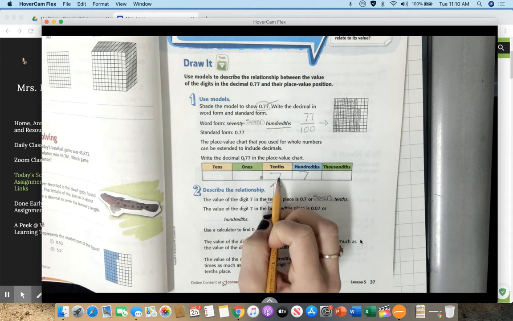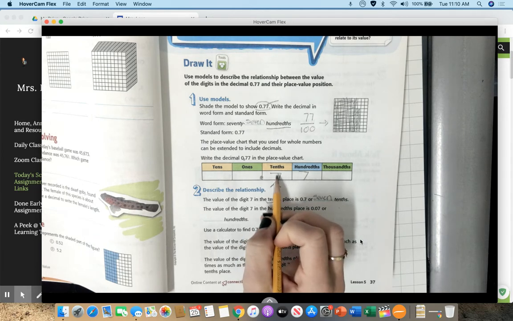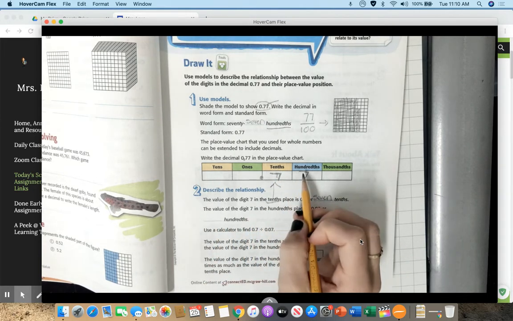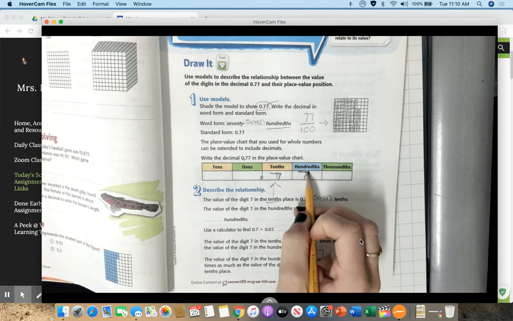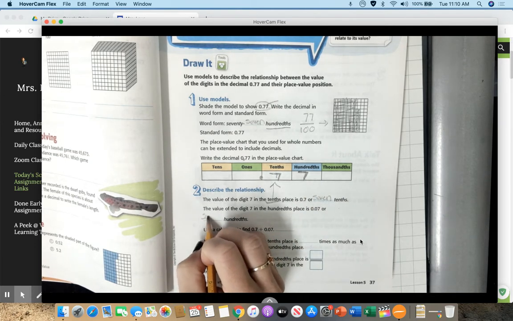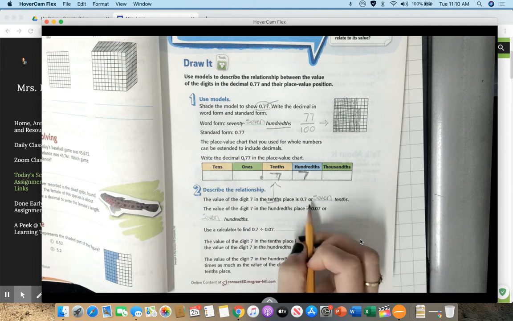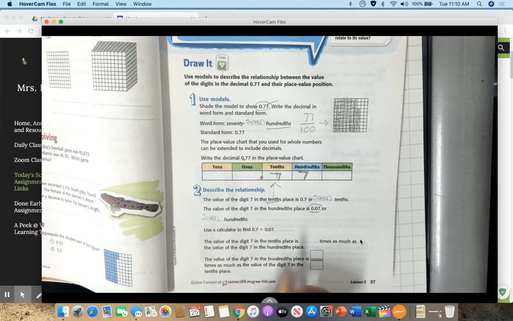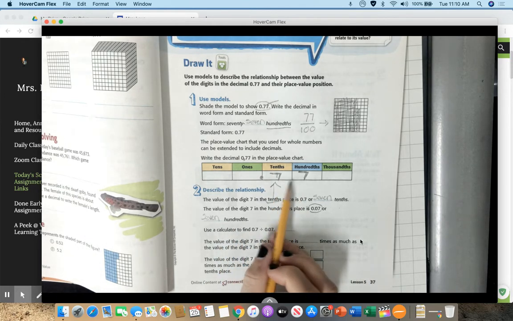So when I look at this digit, we say that this digit is 7 tenths. What about the digit in the hundredths place? Well, this is 7 hundredths. So let's write that in word form. So it looks like this by itself, just a 7 in the hundredths, or I can say it's worth 7 hundredths, okay?